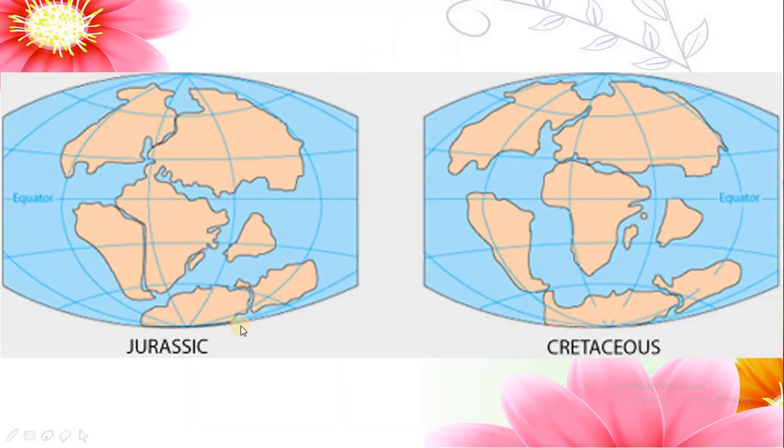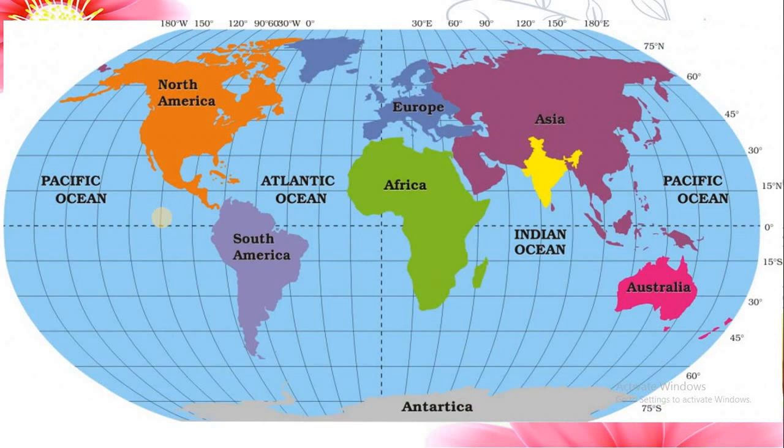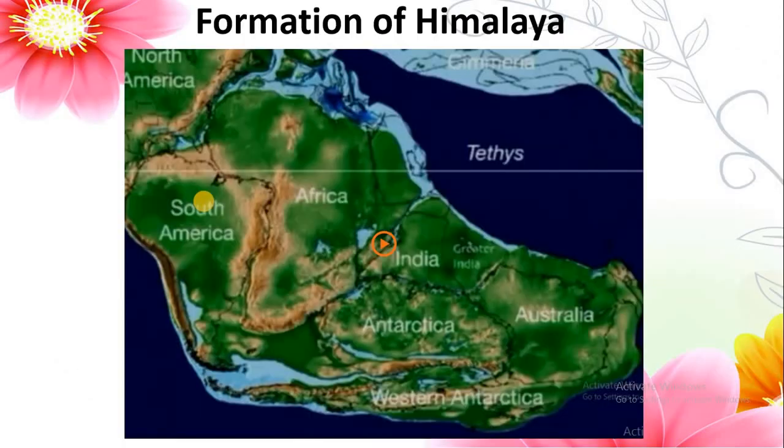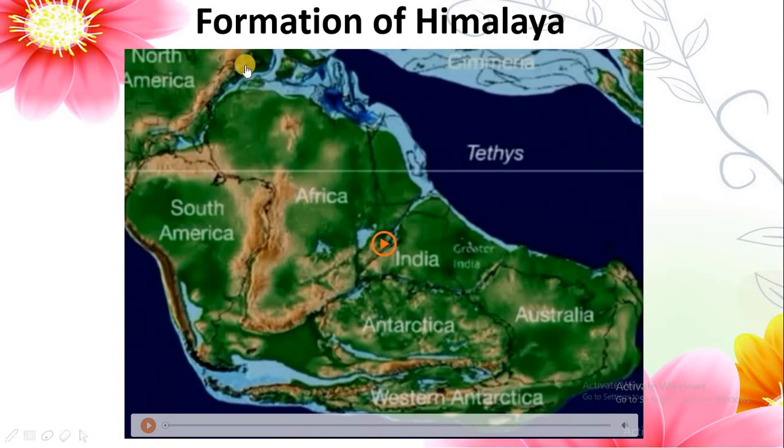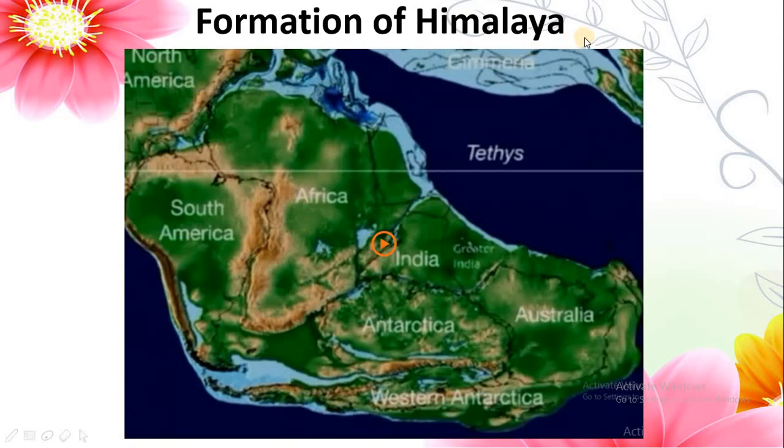Next, in the further ages, in the Jurassic age and the Cretaceous age, the drifting, meaning the shifting of these continents towards different pole sides, and the new map of the present day has been formed in this way. Now we will understand the formation of the Himalayas.